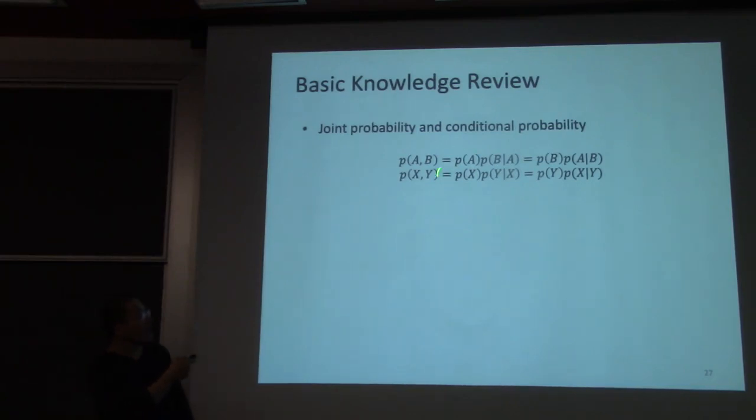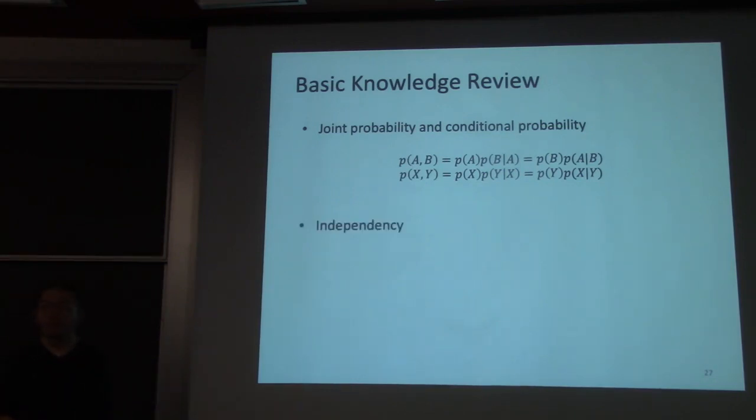It is equal to the probability of A times the probability of B given A. And symmetrically, we have the probability of B times the probability of A given B. When we use random variables, we call this joint probability the joint density. The joint density equals P of X, the marginal density, multiplied by the conditional density P of Y given X. And symmetrically, we have P of Y multiplied by P of X given Y. This is the definition of joint probability.